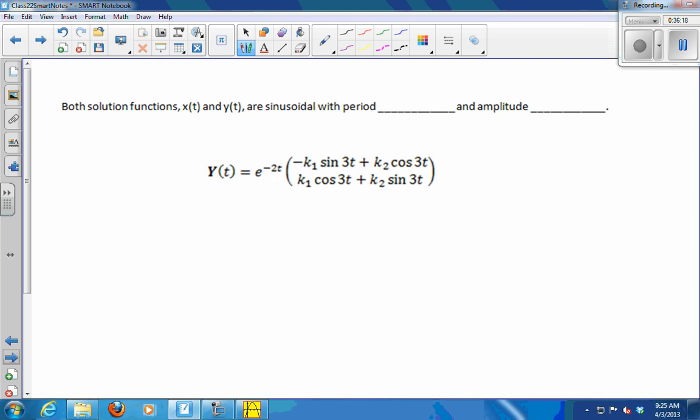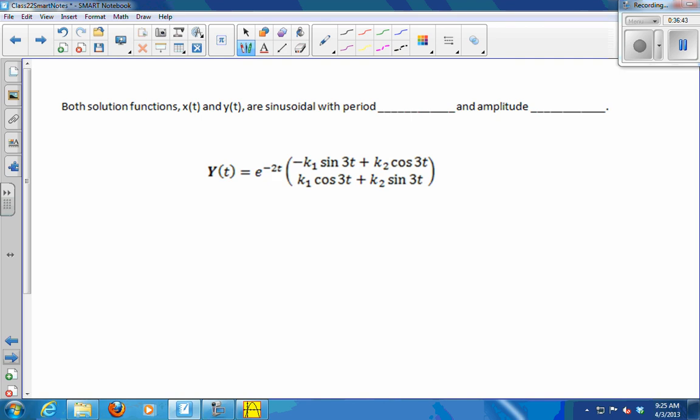What is the period of those two sinusoidal functions? Anybody remember? 2 pi.